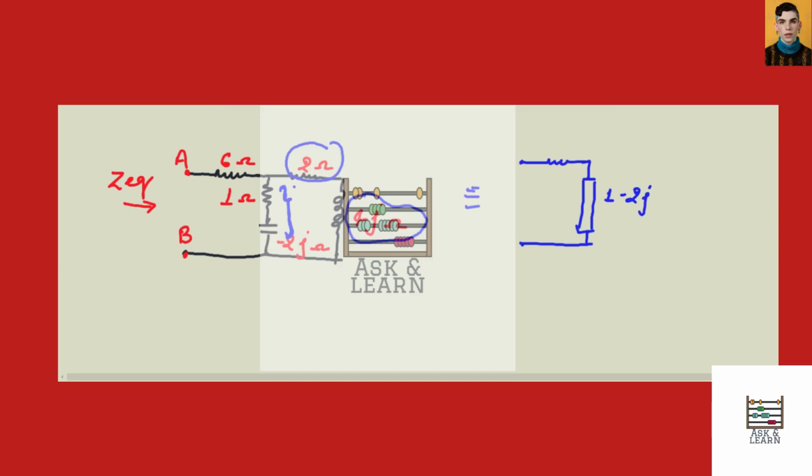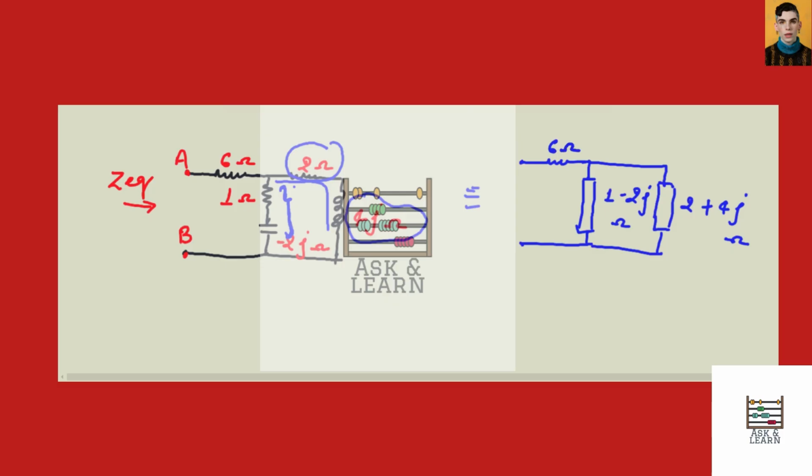Similarly, for the second branch the equivalent impedance will be 2 plus 4J, right? So this is the impedance across this branch, and this is the impedance across this branch, and this is the 6 ohm, right?